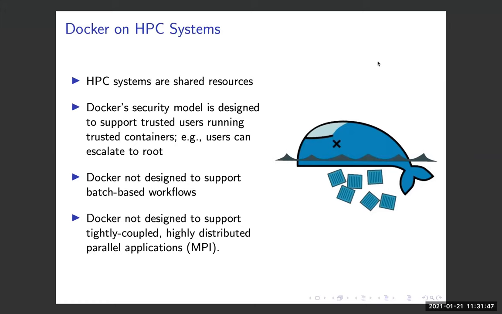But also, Docker wasn't really designed to support batch job schedulers or tightly coupled applications that need to communicate between lots of processes, such as MPI applications. And so, when scientists were first asking system administrators, hey, we want to run Docker and do all this cool stuff on HPC systems, it just really wasn't tenable, right?